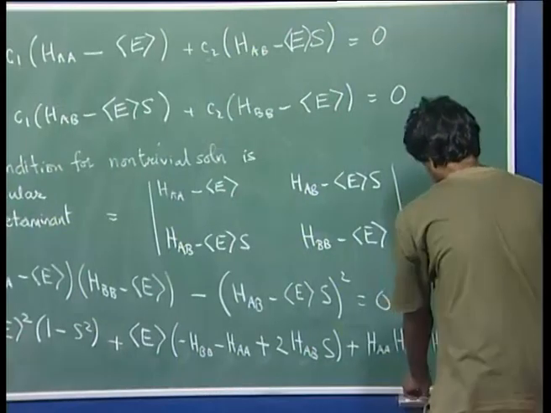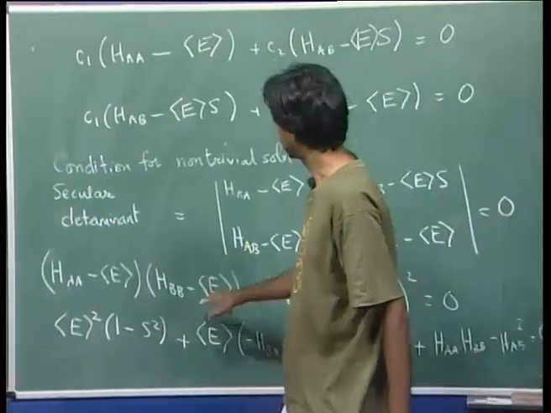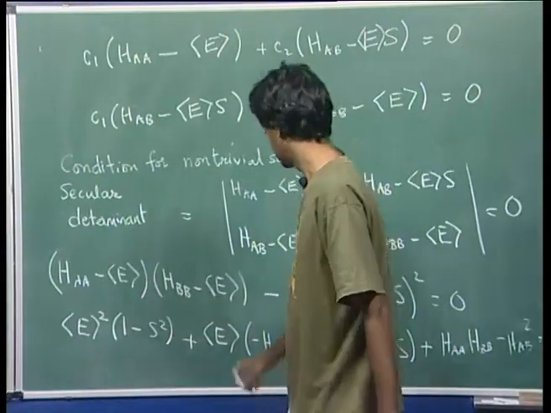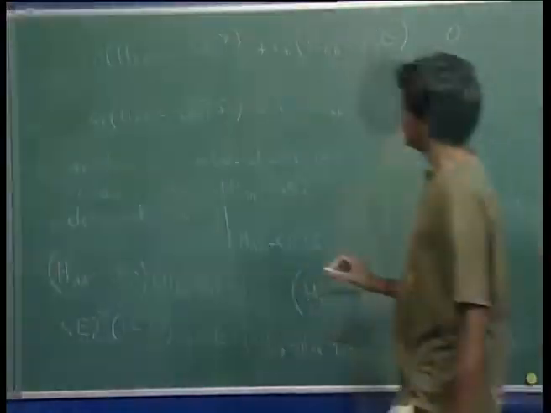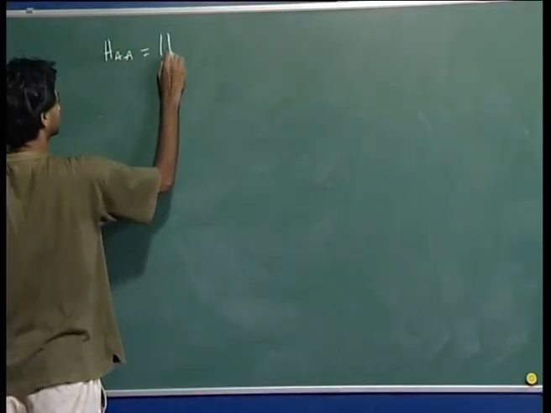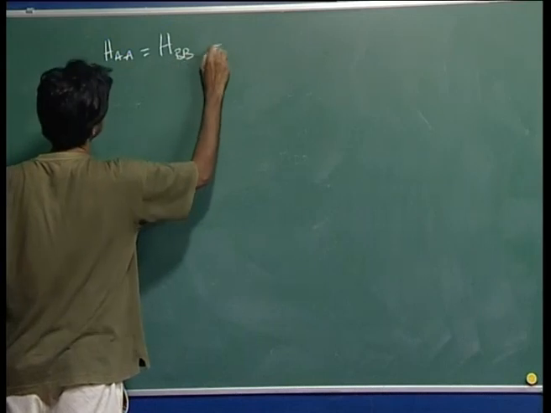in this case, since both the atomic orbitals were 1s orbitals, HAA equals HBB. So, in the case HAA equals HBB, we will just call this EA.